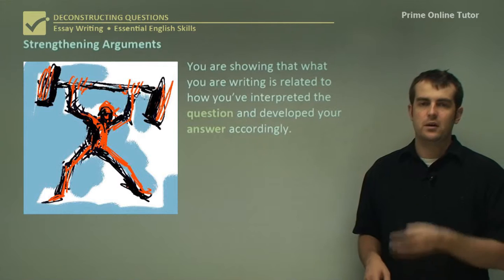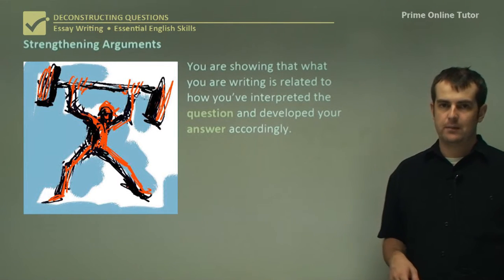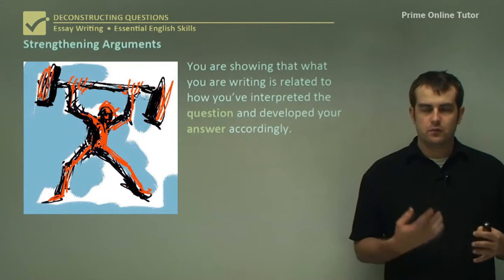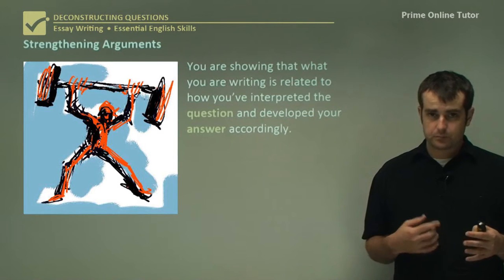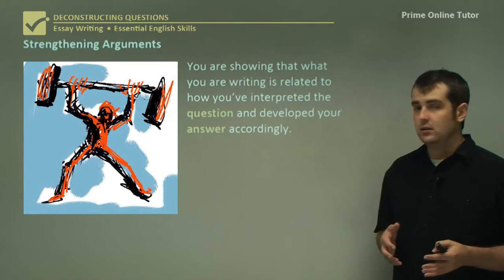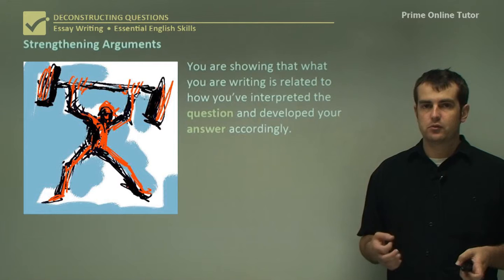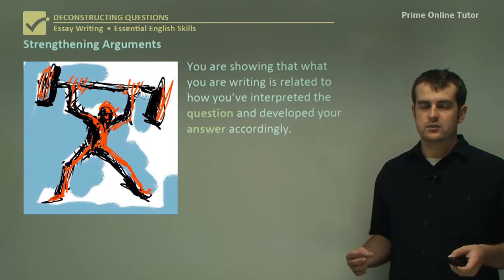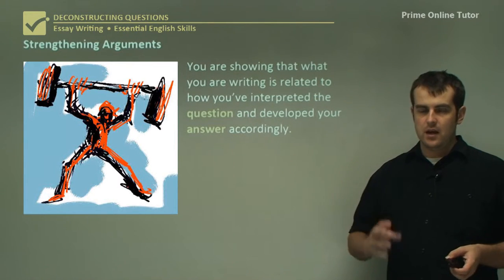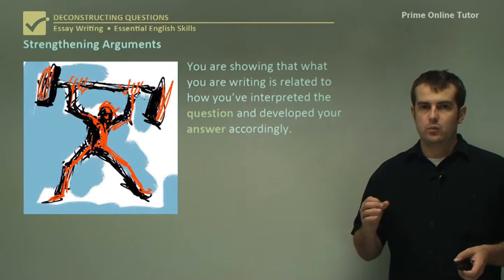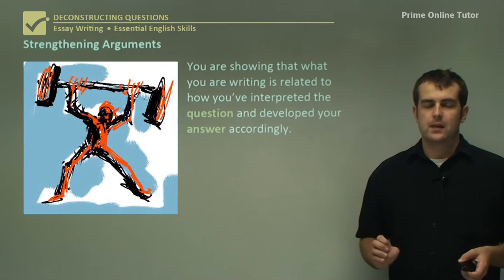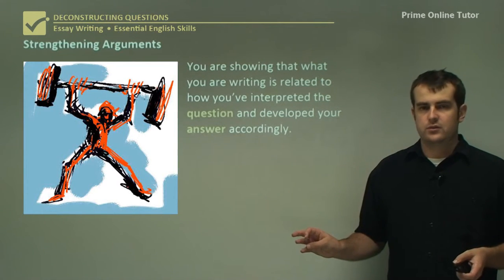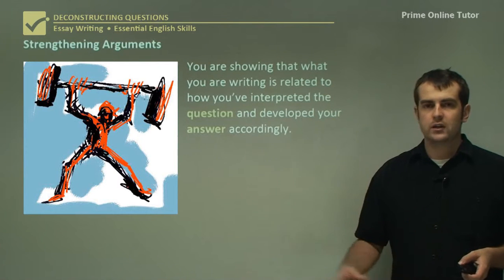So as I mentioned before, by the way you link it back to your discussion, and by the way that you refer to things continuously and consistently, essentially you're proving that everything that you've written in your discussion, those ideas, the evidence that you've used, the way you've understood the question, is related to the question. That it's not something that you're just writing to fill up pages.